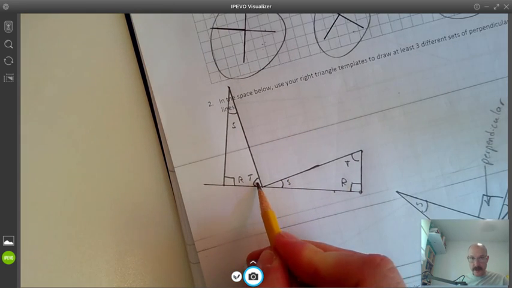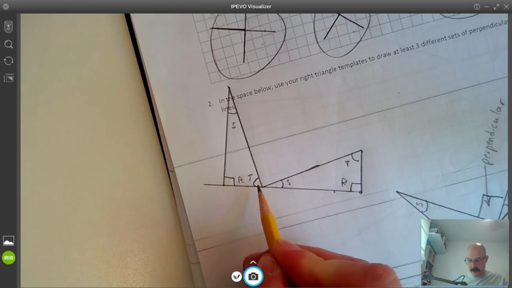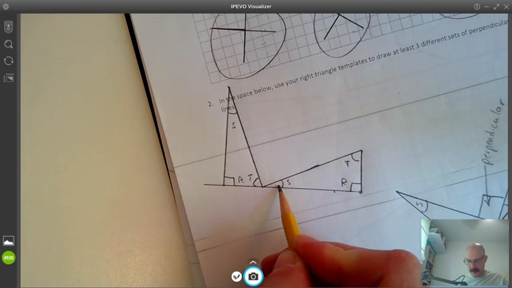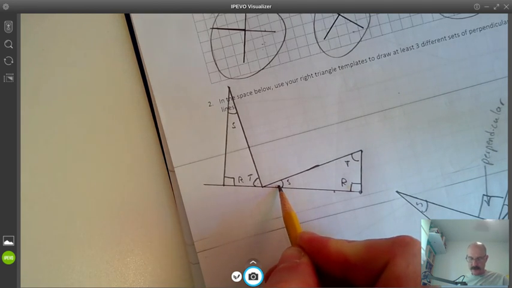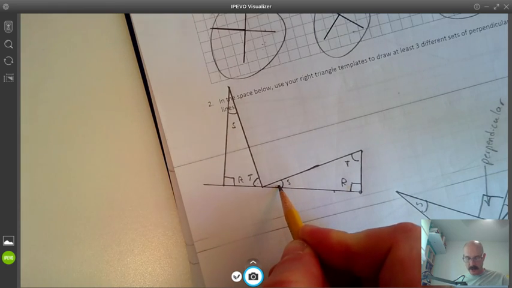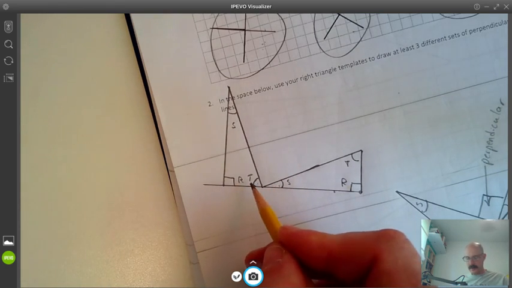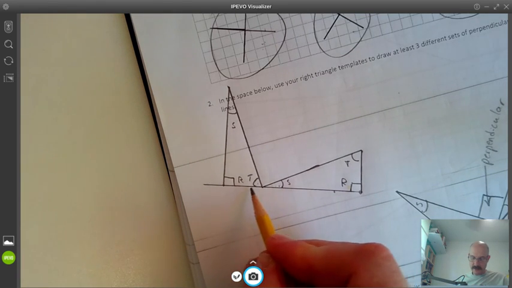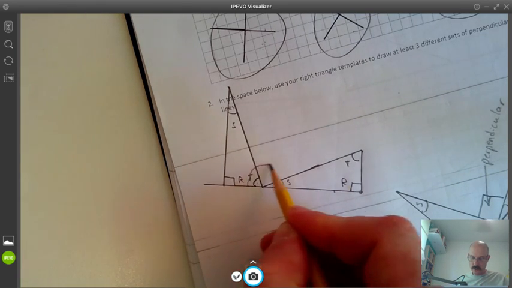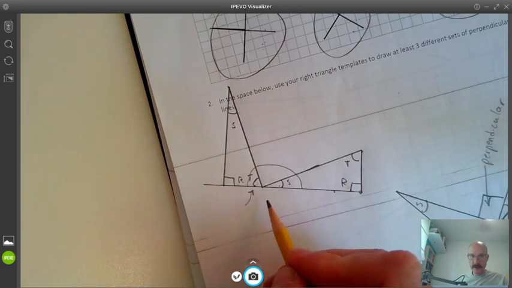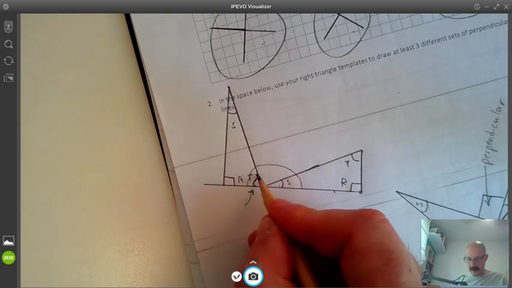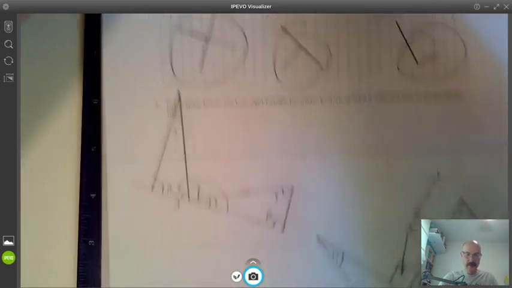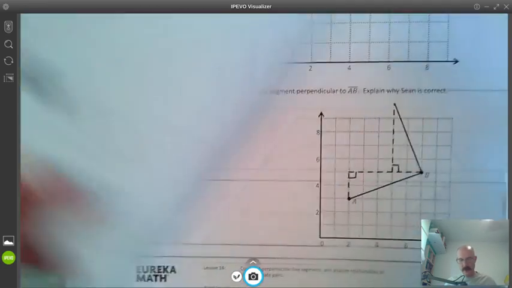Okay, so there's angle T, there's angle S. Those are the two opposite interior acute angles of this right triangle. And since this is a straight angle, a straight line, that means that this has to be 90 degrees. All right. Okay. So you need to do 3 of those.